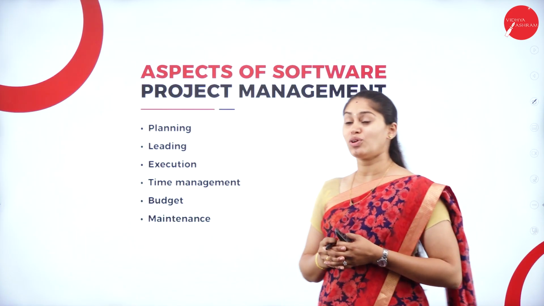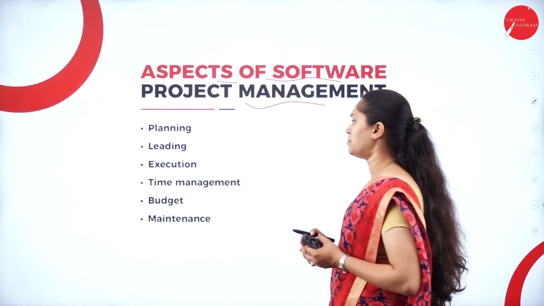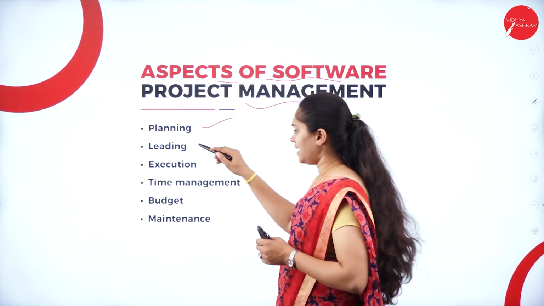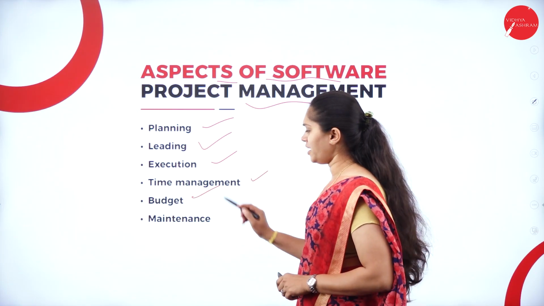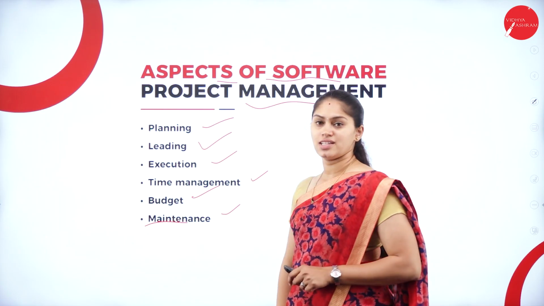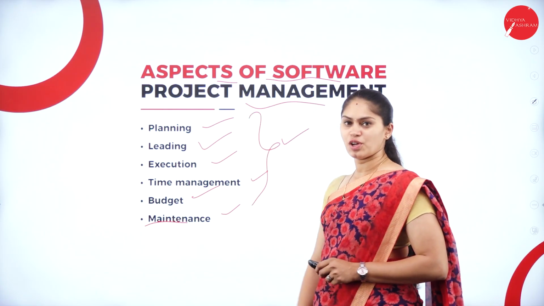Next, we'll see the aspects of software project management. What does it comprise? Planning is required, leading is required, execution and management of time are also important, and all within a given budget. At last, maintenance plays a very important role here. These are the different aspects of SPM.